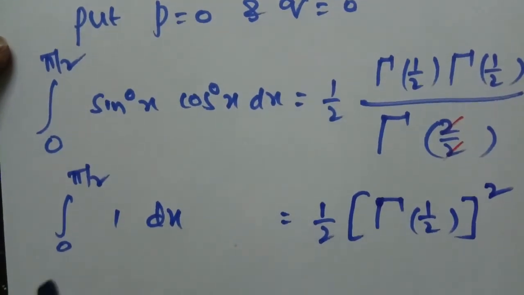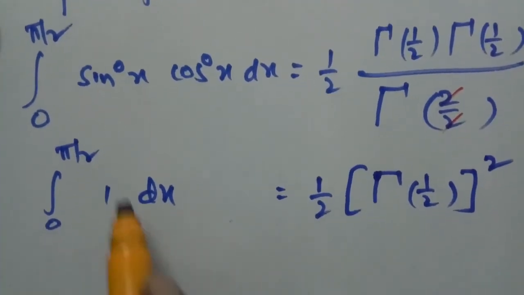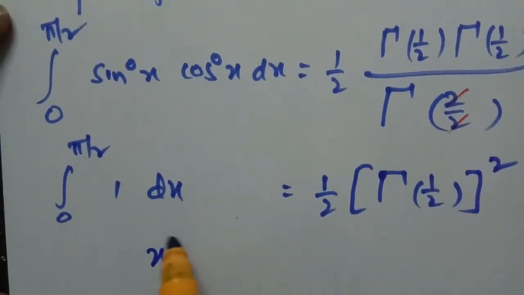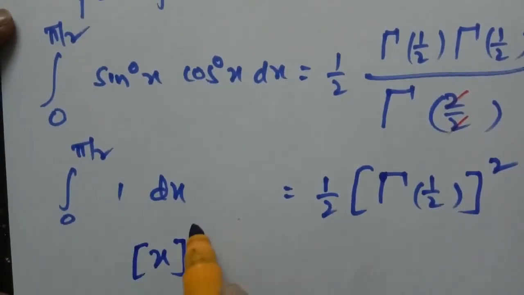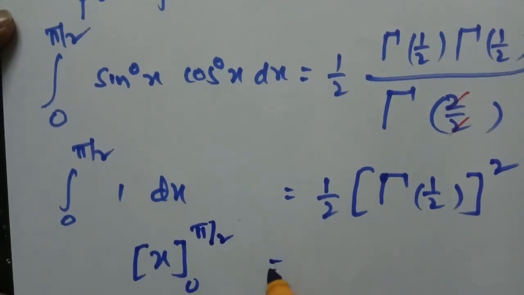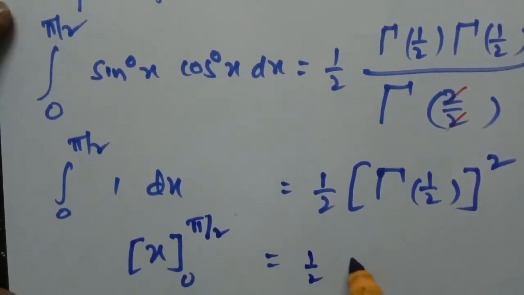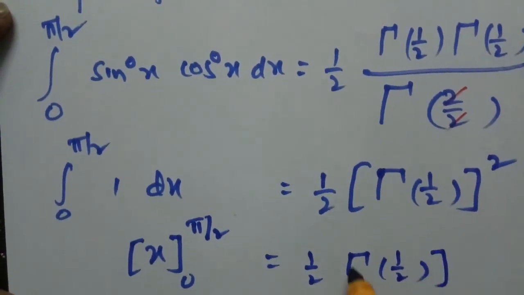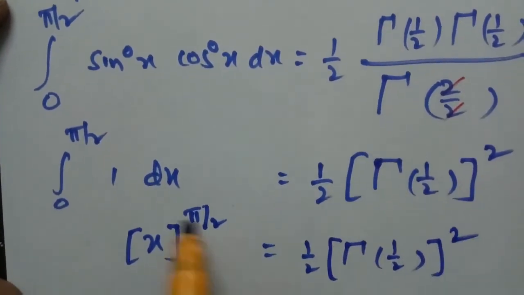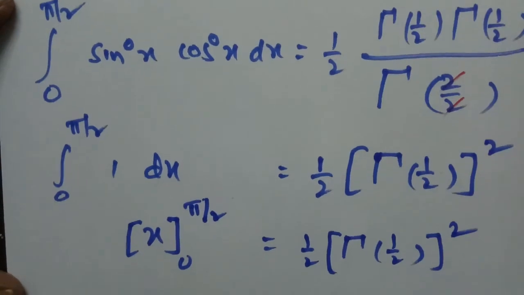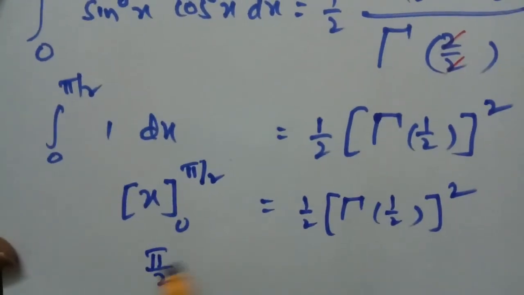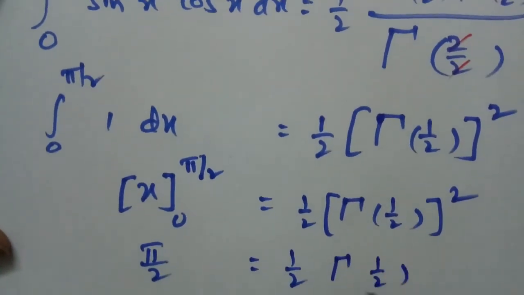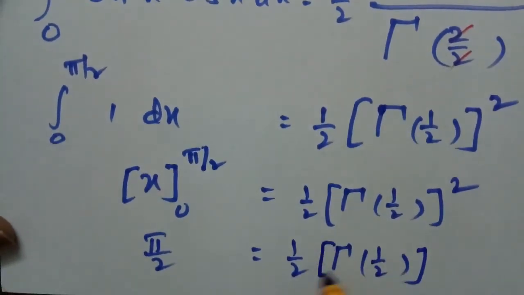Therefore, this is equal to integration of 1 is x, from 0 to pi by 2, is equal to 1 by 2 into gamma 1 by 2 whole square. Therefore, pi by 2, upper limit minus lower limit, is equal to 1 by 2 gamma 1 by 2 whole square.